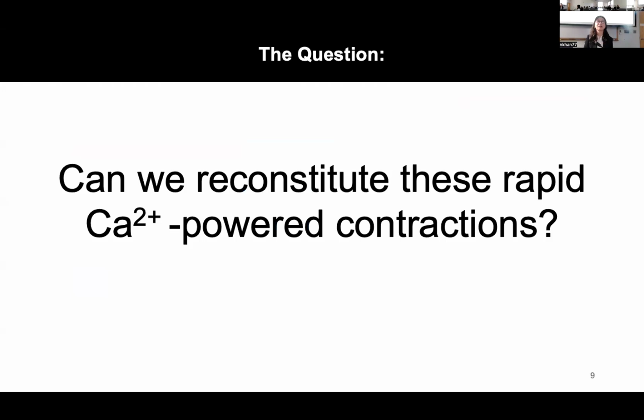So here is the question for my whole thesis and my whole presentation: can we reconstitute these rapid calcium-powered contractions in our lab? We are thinking about using the myoneme as a start.